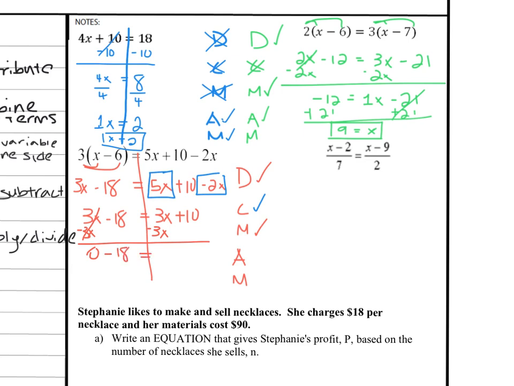Then I also have 3x minus 3x on this side, which leaves me with 0. So then I would have negative 18 is equal to a positive 10, which is not true. So my final answer would be no solution.